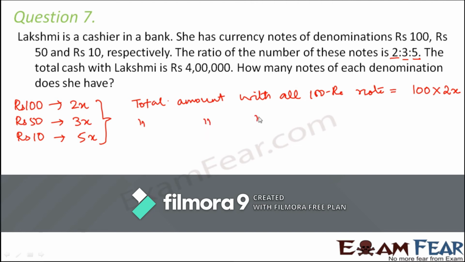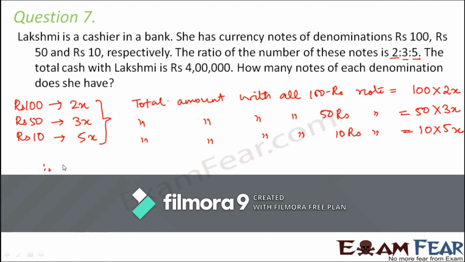Similarly, what would be the total amount with all the 50 rupees note? That would be equal to 50 into the number of notes, which is 3x. And in the same way, the total amount with 10 rupees note would be equal to 10 into 5x. So this is the total amount with only 100 rupees. This is with 50 and this is with 10.